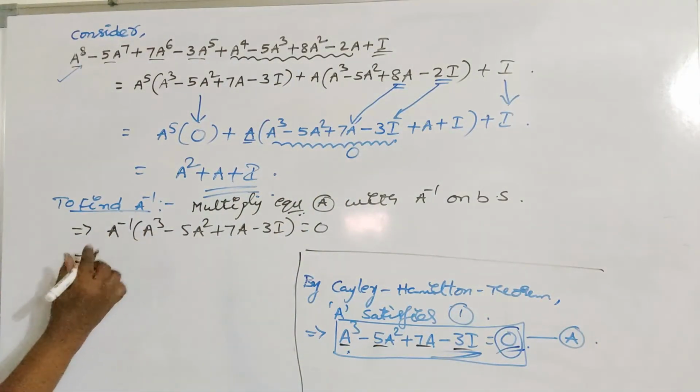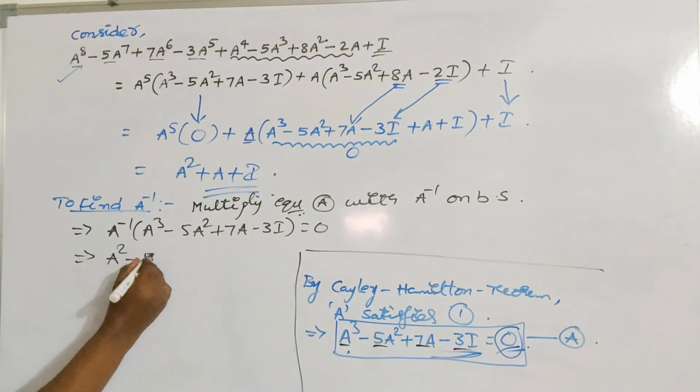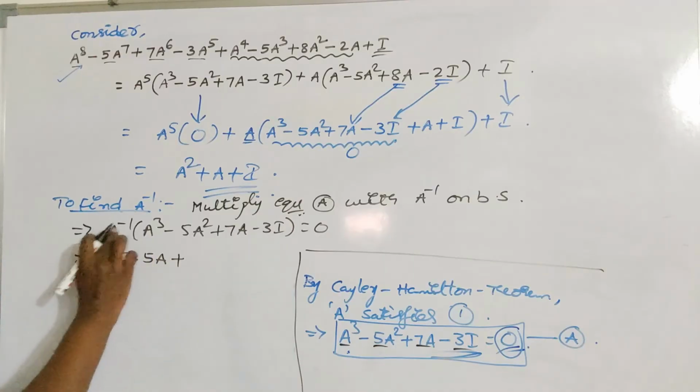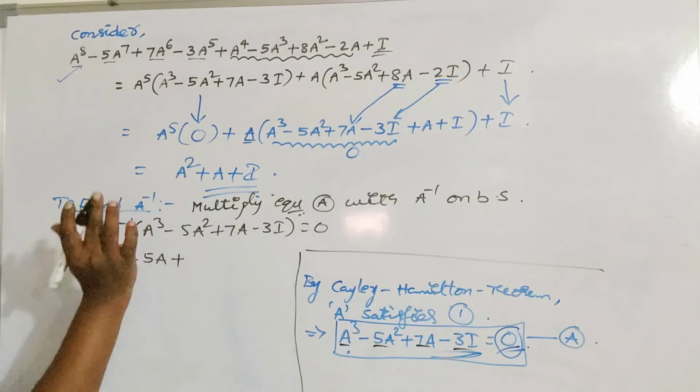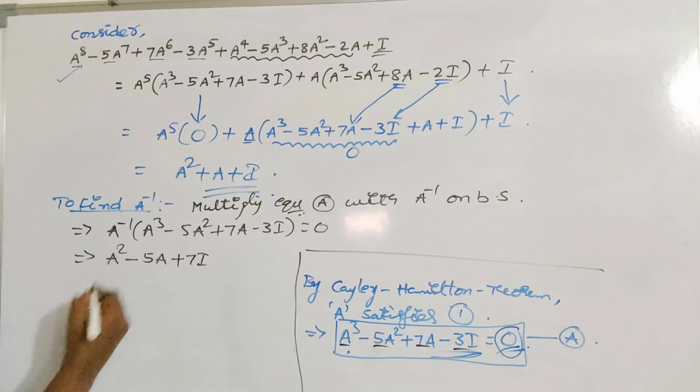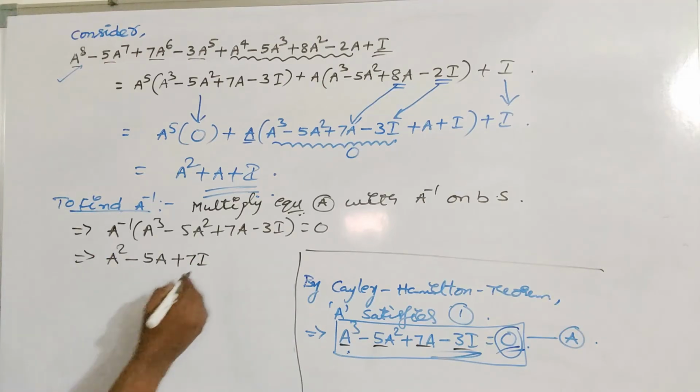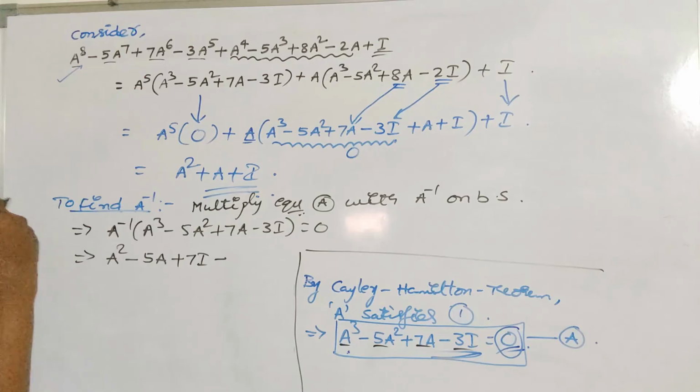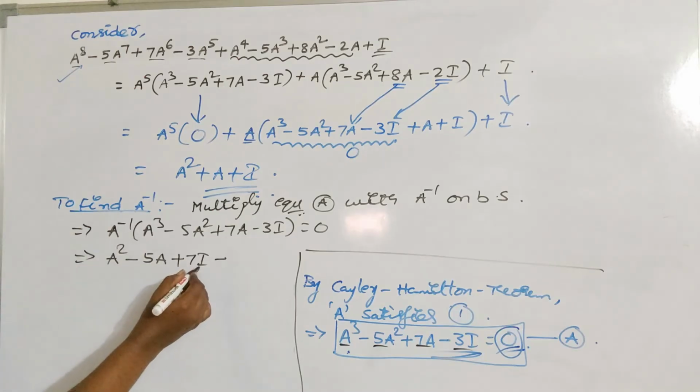So take this A inverse inside, you will get A square minus 5A plus 7 times A into A inverse, otherwise A into A inverse, all are equal to I by using the inverse axiom in matrices.